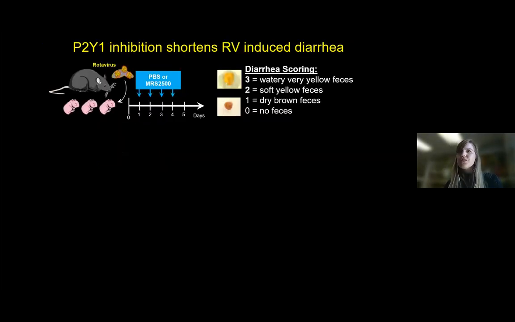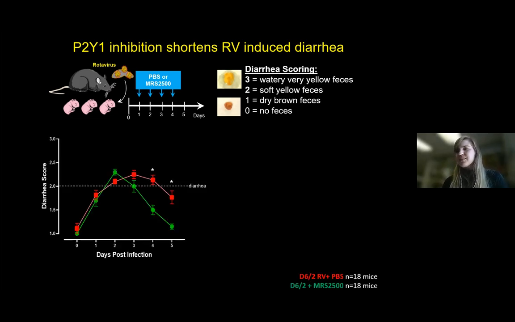So first looking into whether P2Y1 inhibition has an effect on the diarrhea score within our pups, we take that diarrhea score where again, anything ranked over a 2 is considered diarrhea. And what we observe is in both groups, we have peak diarrhea occurring at day 2 to 3.